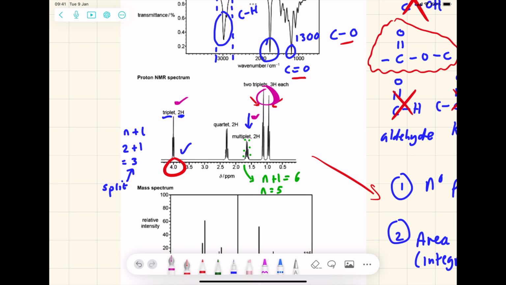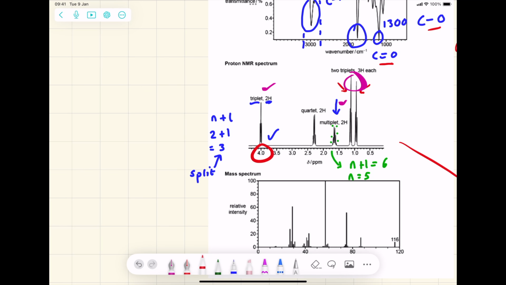quartet. So a quartet which has 2 hydrogens in it. Now, how is that possible? How can we create a quartet with two hydrogens in it? Well, usually when I see this, not just for this example, but for many organic molecules, when you have a quartet, it's usually because it is next to a CH3. So the classic is this, the ethyl group, which I'm just drawing on the left here.